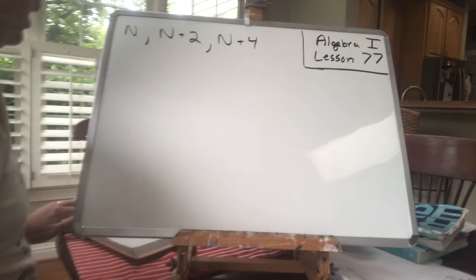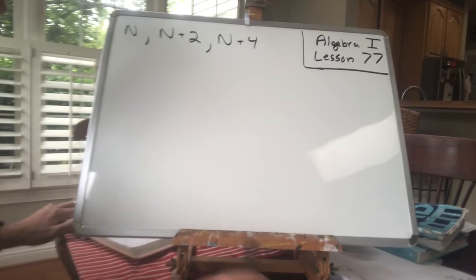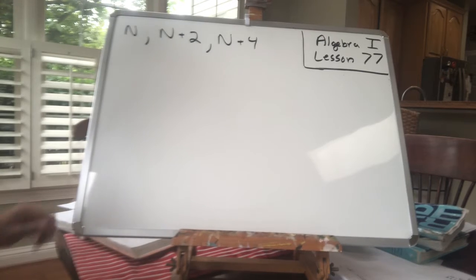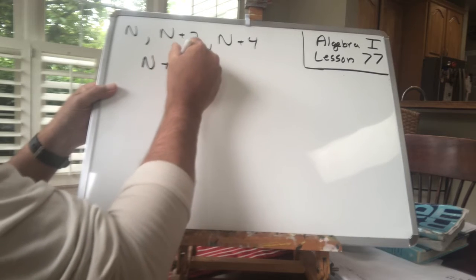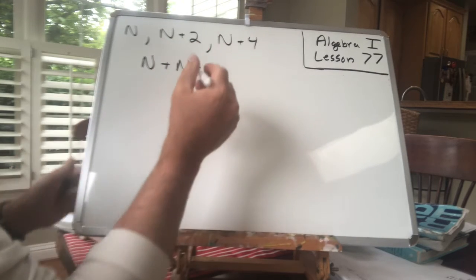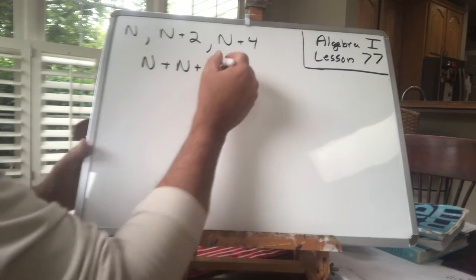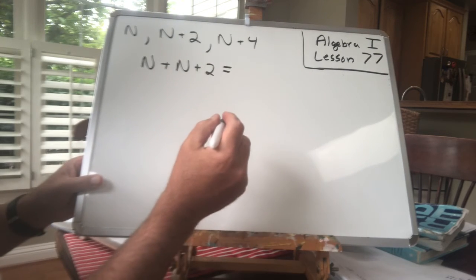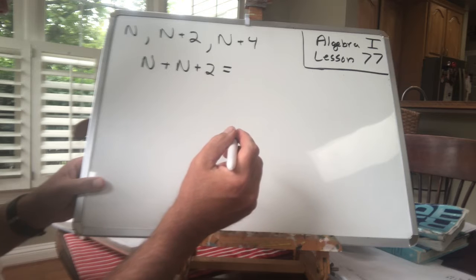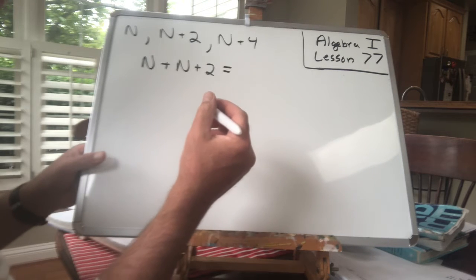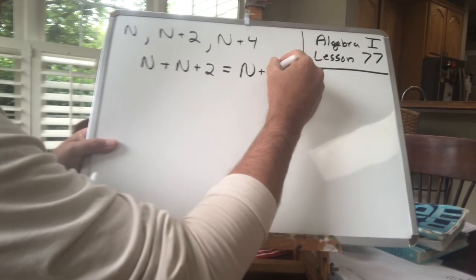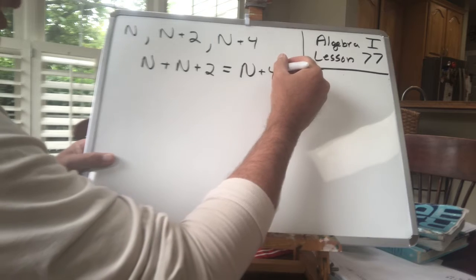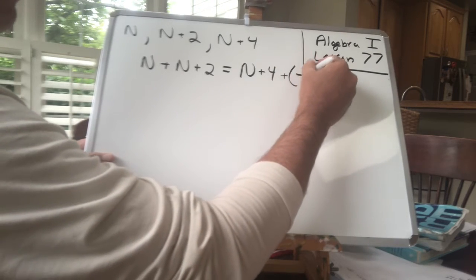even integers. It says find three consecutive even integers such that the sum of the first and the second equals the third, which is n plus 4, and negative 10.